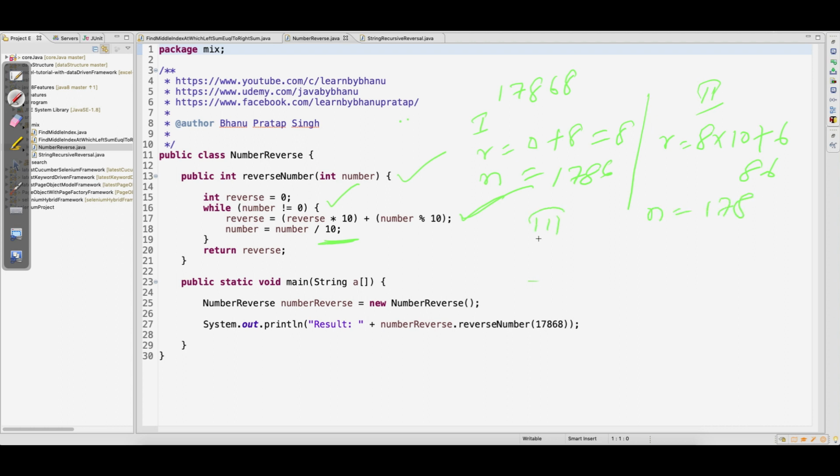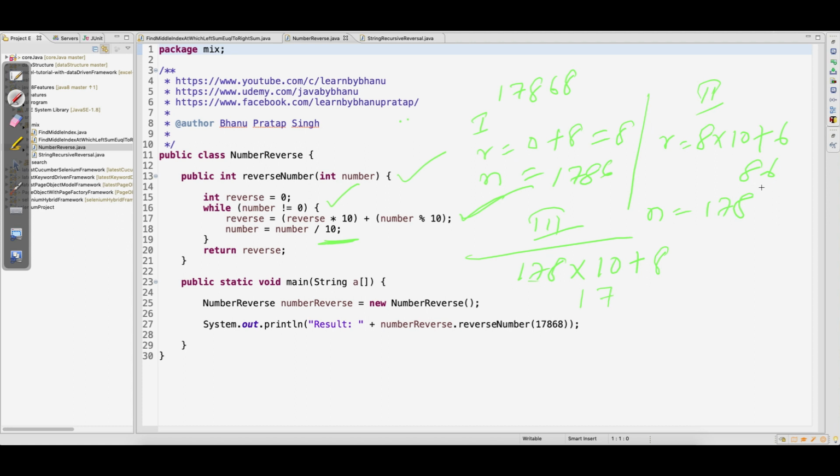Then in the third iteration, this becomes 178 into 10 plus modulus, which is 8. So guys, one thing I did mistake, sorry for that.